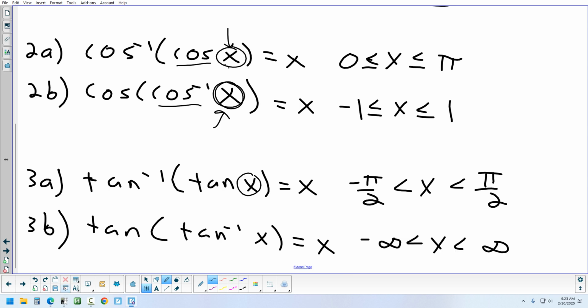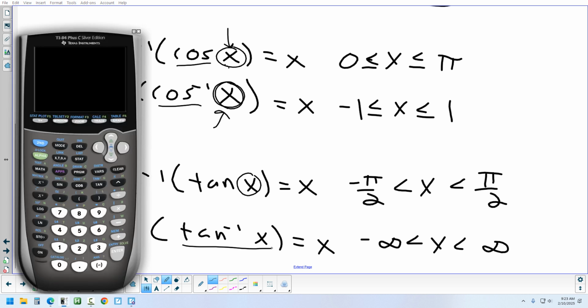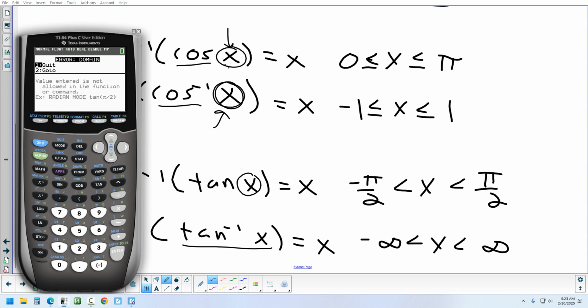Yes, negative infinity to infinity. It always works. Again, to figure out the restriction, look at the inside and ask yourself, what is the domain of what's inside? The domain of what's inside is always the restriction. So you can make up anything you want. Tangent of the inverse tangent of 7.58, and you get back 7.58. Always works.